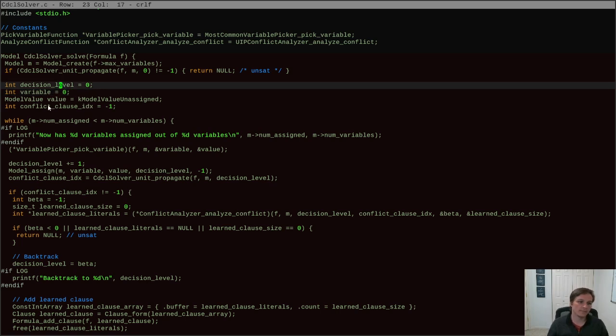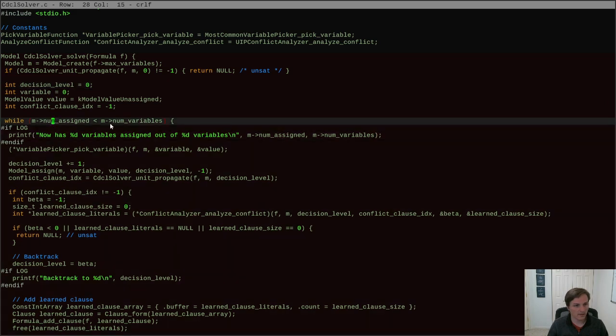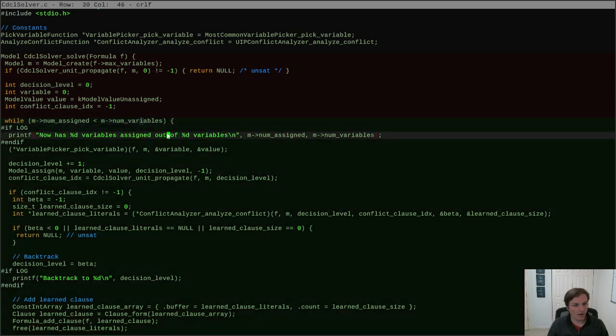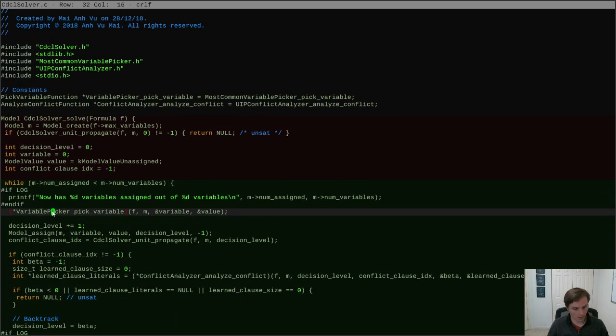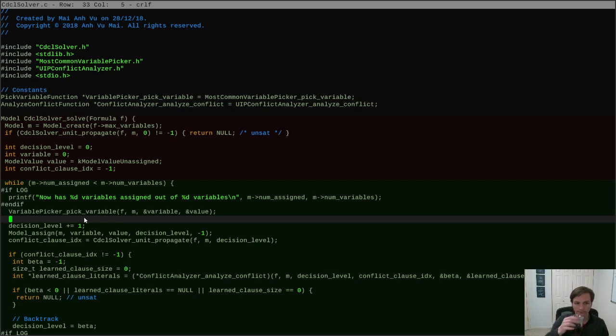What happens next? Now we've got to figure out what decision levels are going to be about. So we're trying to get all of the variables assigned. Here we're calling that pick variable. We don't actually have to do this. C is confusing, but you can call a function pointer as if it's just a function. Maybe this is obfuscating rather than clarifying, but it's easier to read for me.